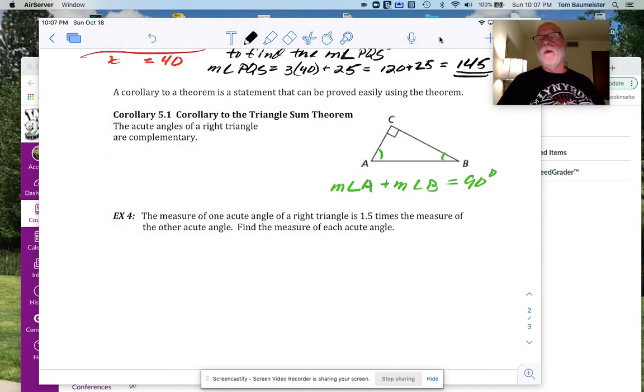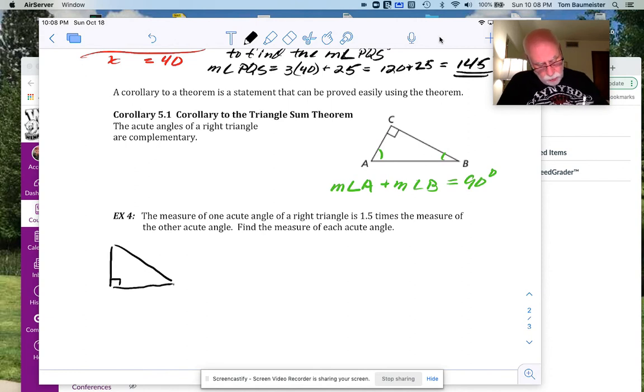So if they don't give you a drawing, ladies and gentlemen, draw a picture if it helps you. So if I draw this picture here, and I'm going to say this one's my right angle. If that's the case, then it says the measure of one of my acute angles is 1.5 times the measure of the other one.